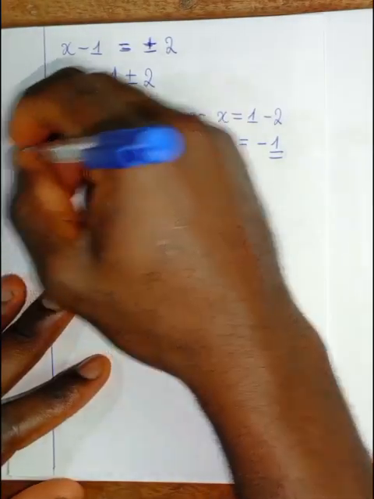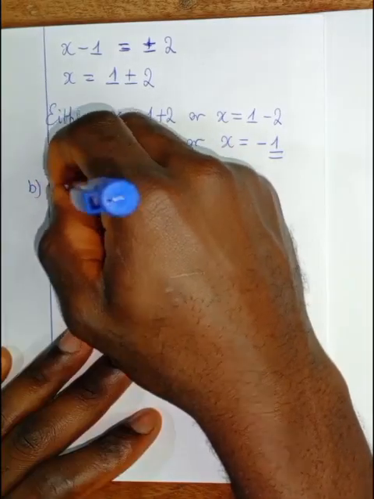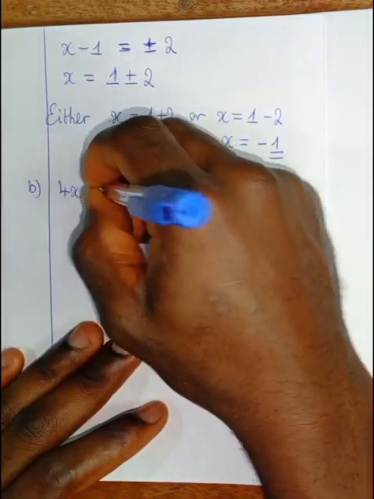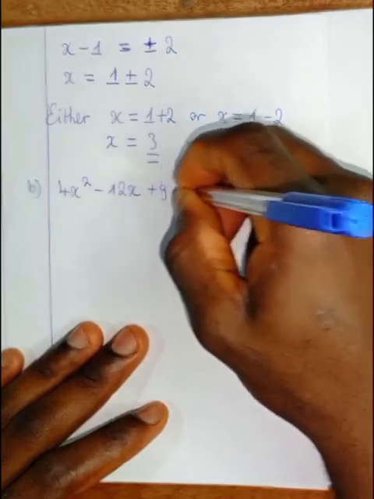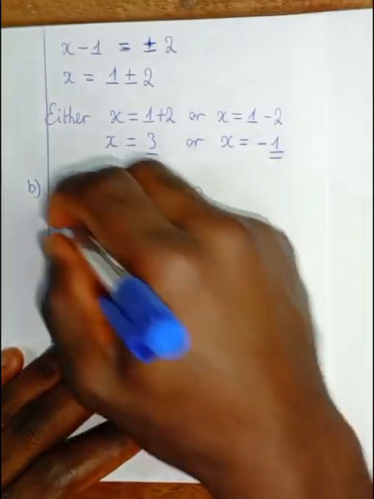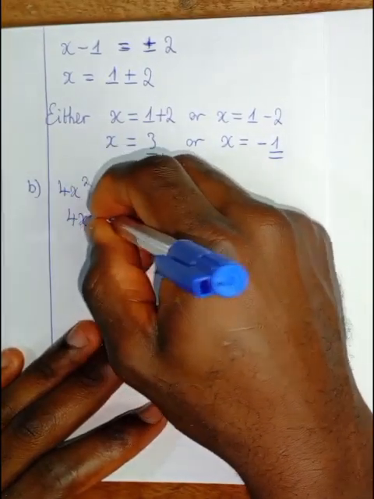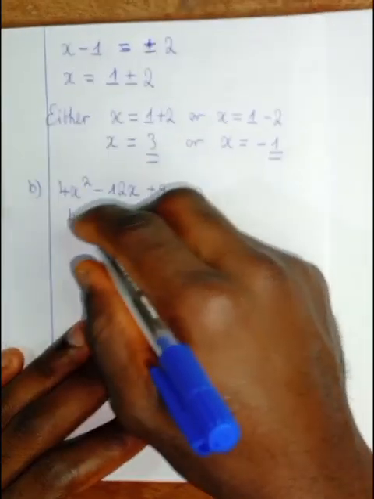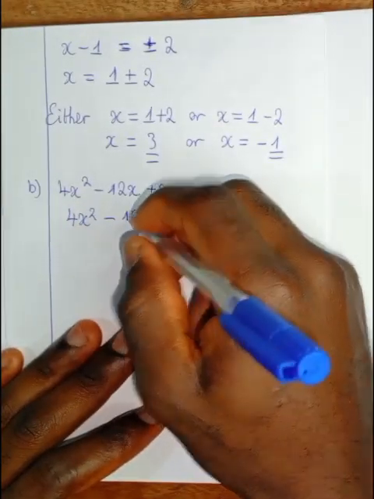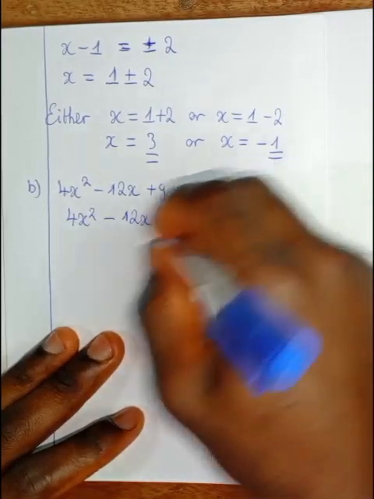We go now to question B. We have 4x squared minus 12x plus 9 is equal to 0. First step, we are going to send the constant to the right. This will give us 4x squared minus 12x to be equal to negative 9.